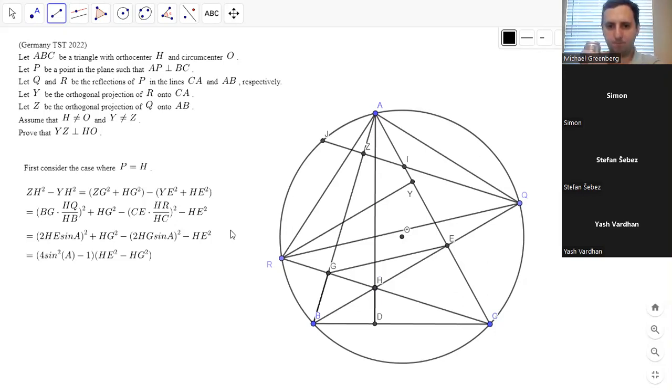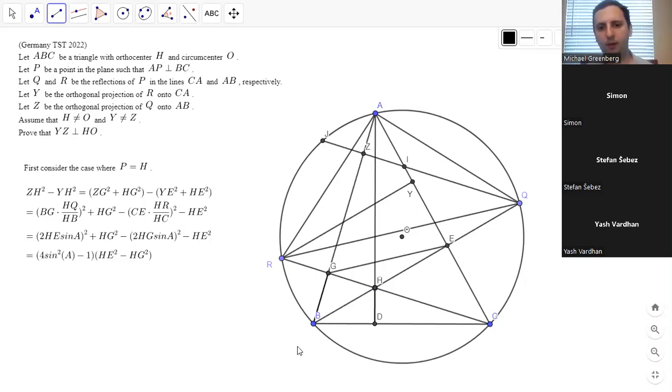You can calculate ZA times ZB, right? So what I was thinking is ZA times ZB is the same as ZJ times ZQ, which is the same as ZI times ZQ. But I don't know if that helps. You can probably just calculate ZB and that's it.